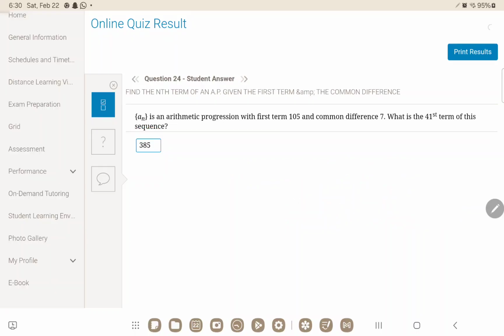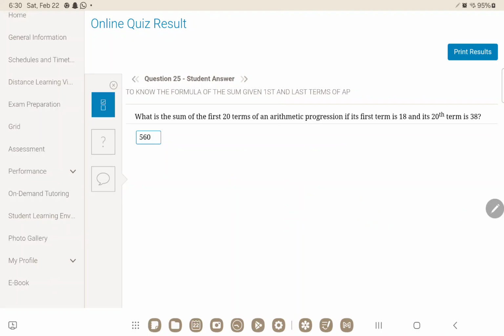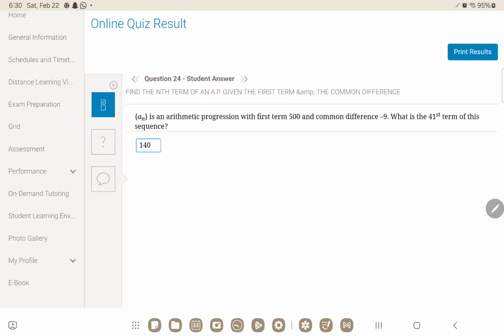Now, moving on. Oh, I skipped a question, didn't I? Okay, yeah, this one. They want the arithmetic progression with the first term 500 and the common difference -9. What's the 41st term? Again, a_41 is 500 plus 41 minus 1, because that's the first term, with common difference -9.